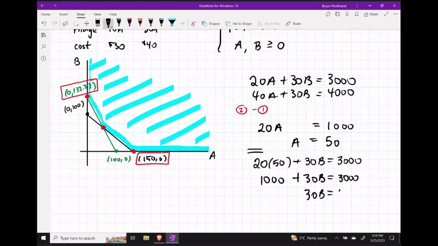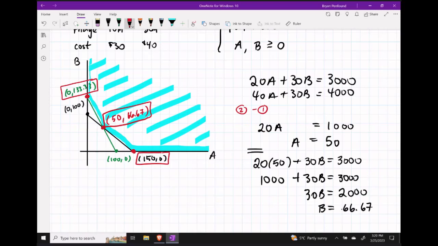That's going to give us 30b is equal to 2,000. And dividing both sides by 30 gives us b is equal to 66.67. So now we have the last ordered pair that we need. That is 50, 66.67. So these are the 3 corner points we're going to put into our minimization equation.